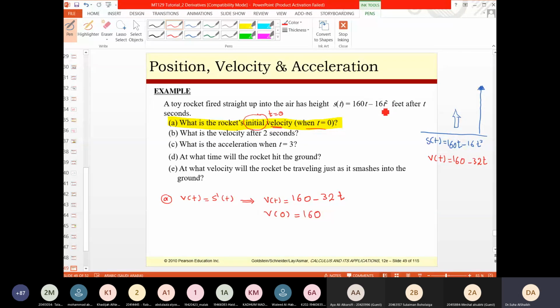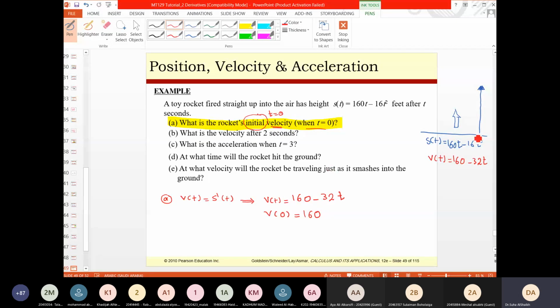I'm talking about seconds, and the distance is measured in what? If you bring that 2 down, it's going to be 16 times 2, which is 32. I'm finding the derivative of this expression.